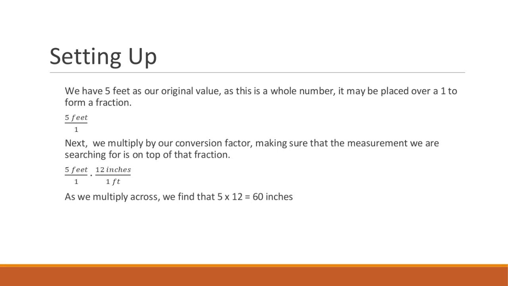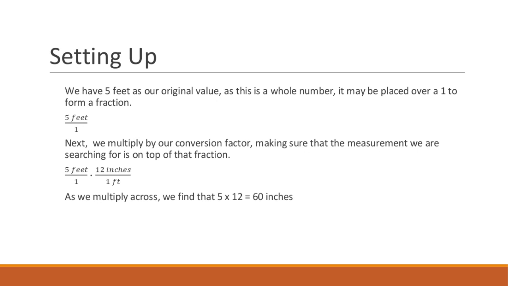So we have 5 feet as our original value. As this is a whole number, it needs to be placed over a 1 to form a fraction. So you can always be multiplying fractions here, and I will continue to do that because it's going to become easier as we go forward to always be multiplying fraction times fraction times fraction. It just makes it easier to see.